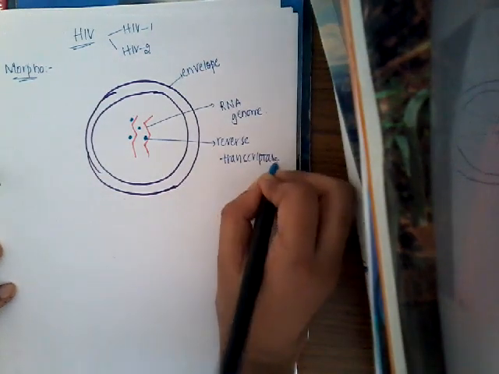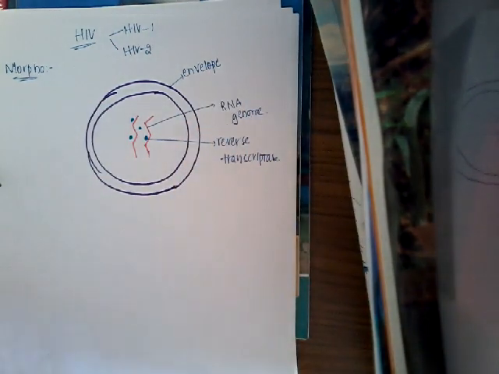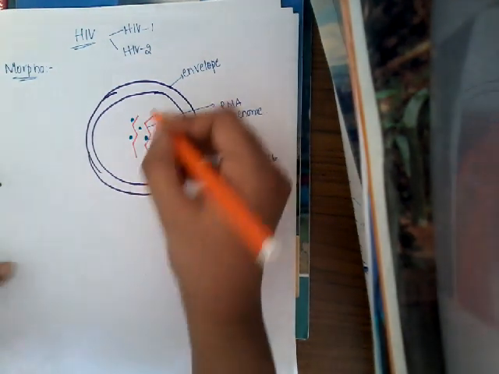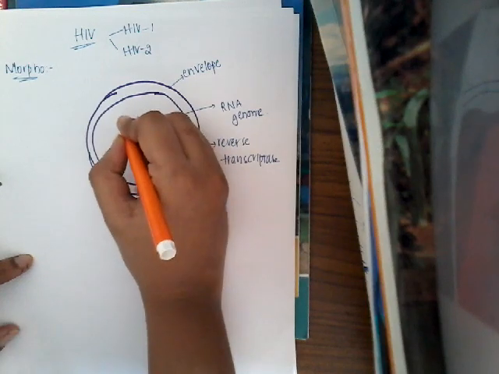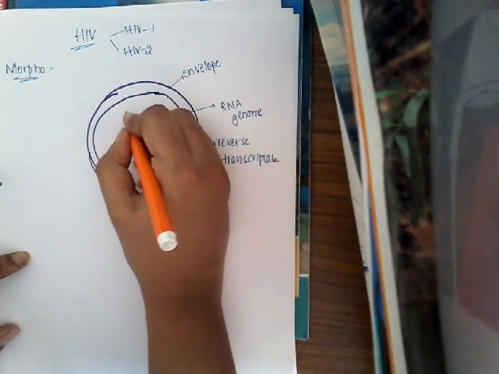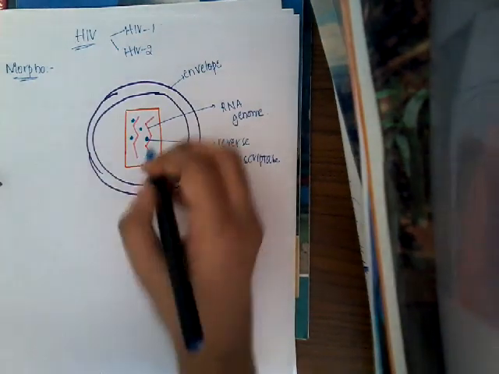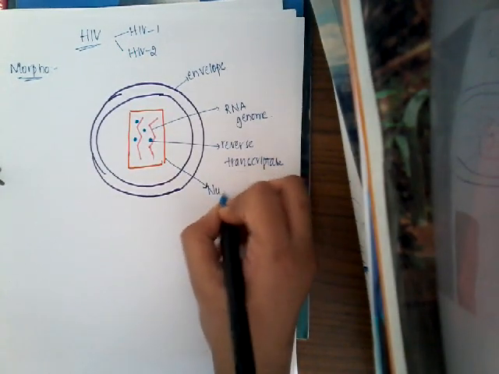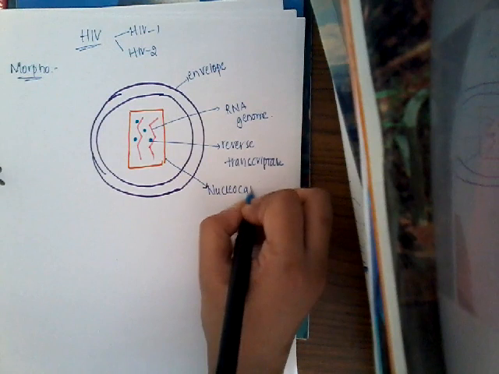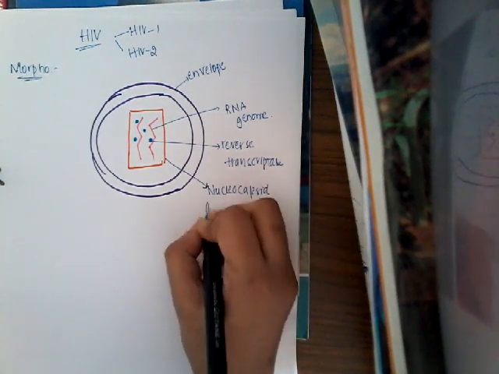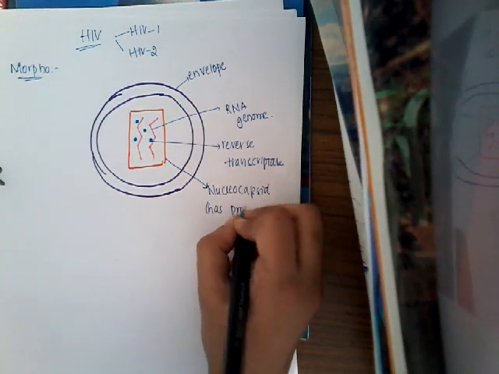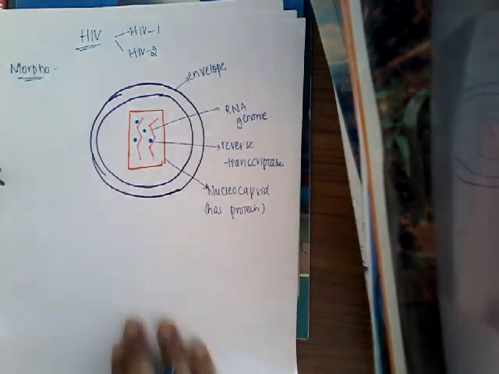This viral core, which contains the RNA genome and reverse transcriptase, is surrounded by a nucleocapsid. This nucleocapsid is composed of proteins.